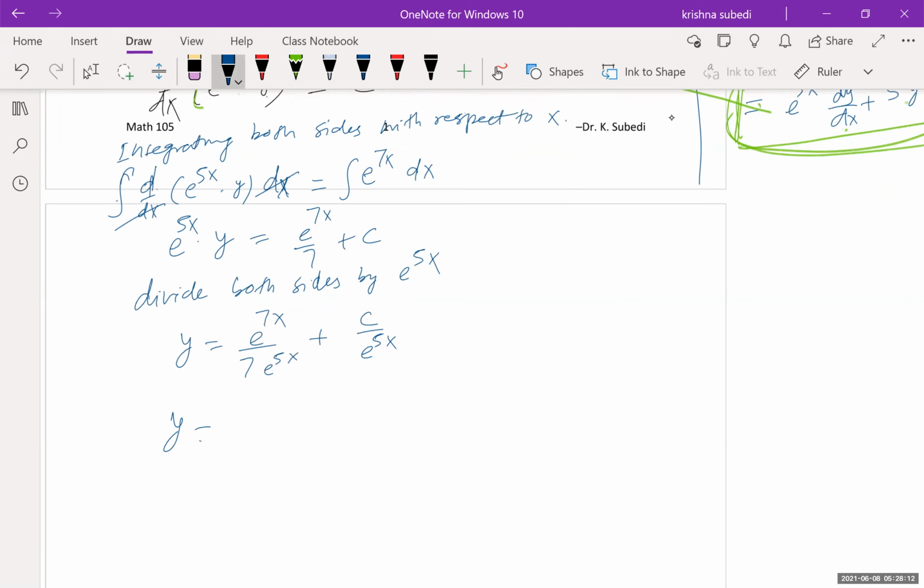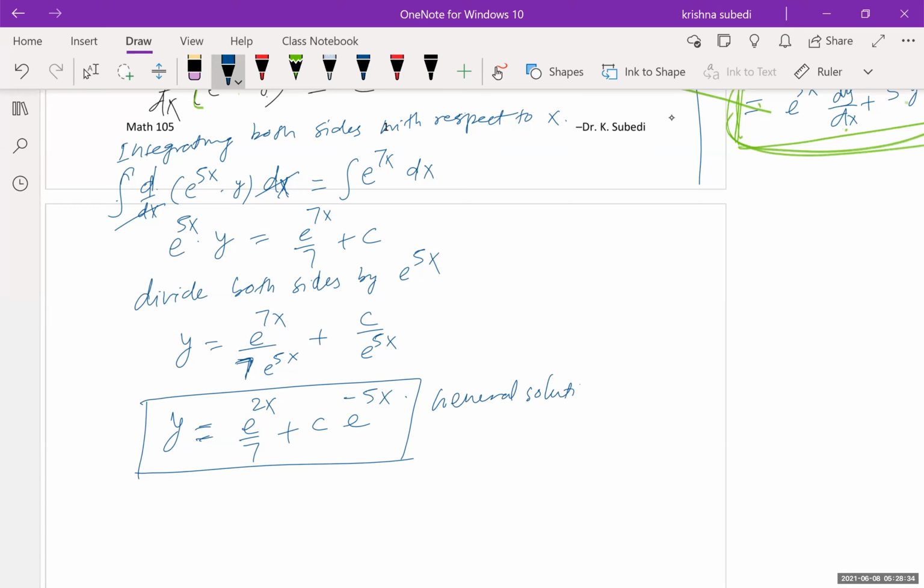It looks a little ugly. We are almost done. When you simplify that, you're going to get e to the 2x over 7 plus, you can write this c over e to the 5x, or you can simply write c e raised to power negative 5x if you like. So this is your general solution. Any question?